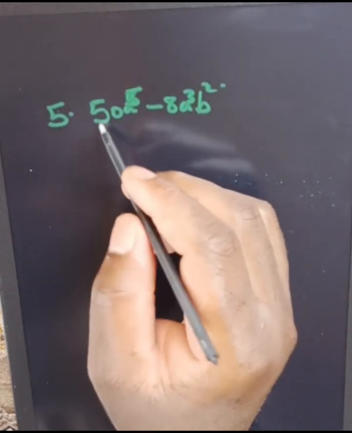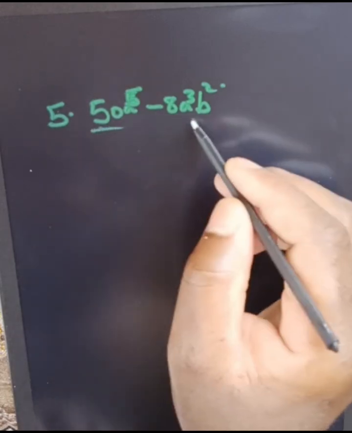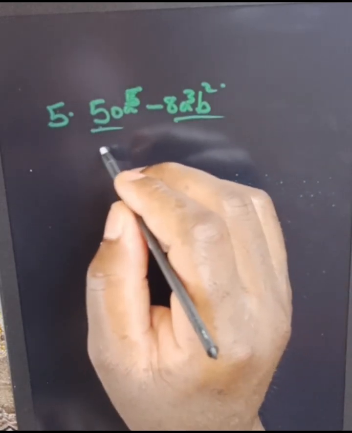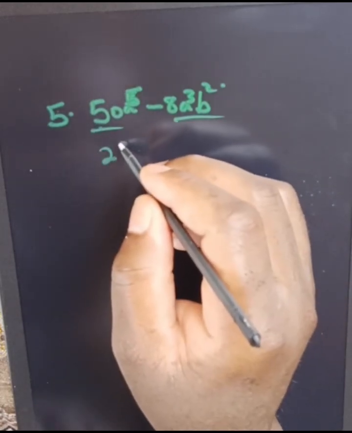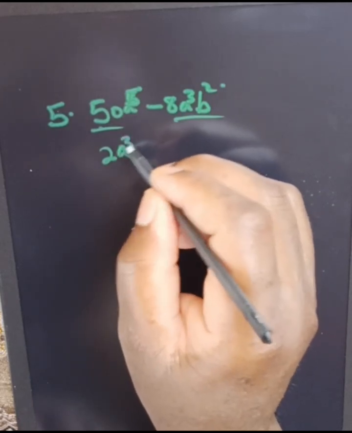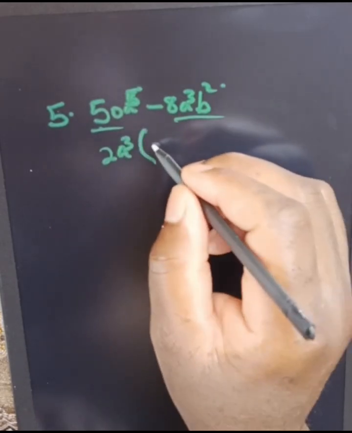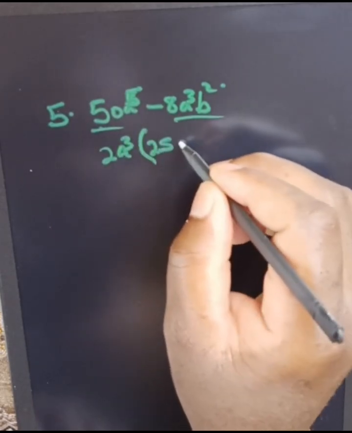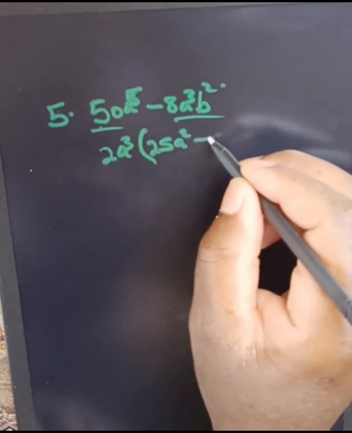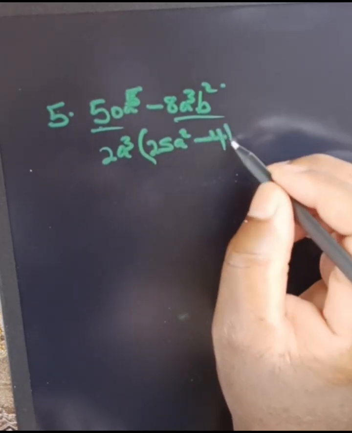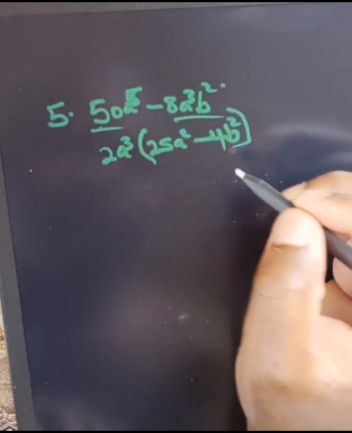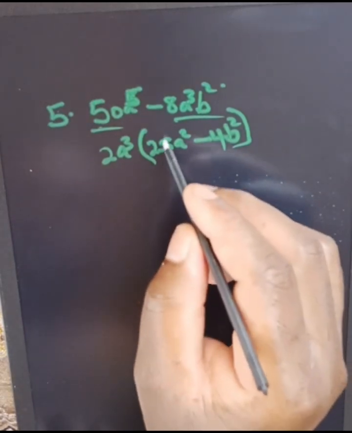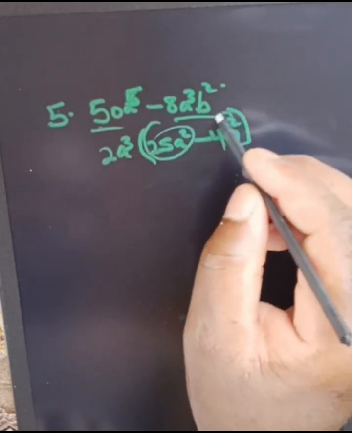Sorry, this is our question: 50a to the power 5 minus 8a to the power 3 b squared. We need to find what is common. What is common here is 2a to the power 3. We are left with 25a squared minus 4b squared. So this is a difference of two squares between brackets.